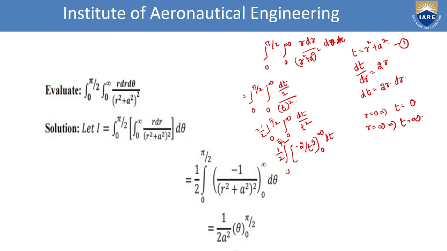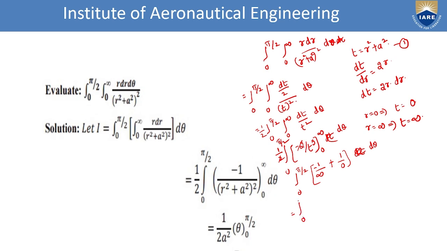Minus 2 by t cube. Here the 2 cancels, and after that substituting the limit points, the upper point gives 1 minus 1 by infinite, minus of minus plus 1 by 0, into d theta.